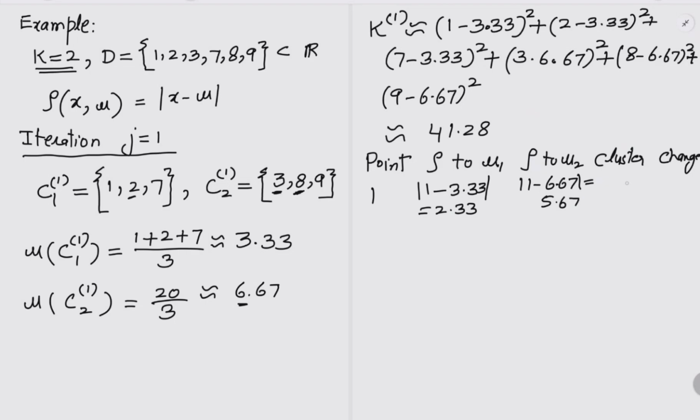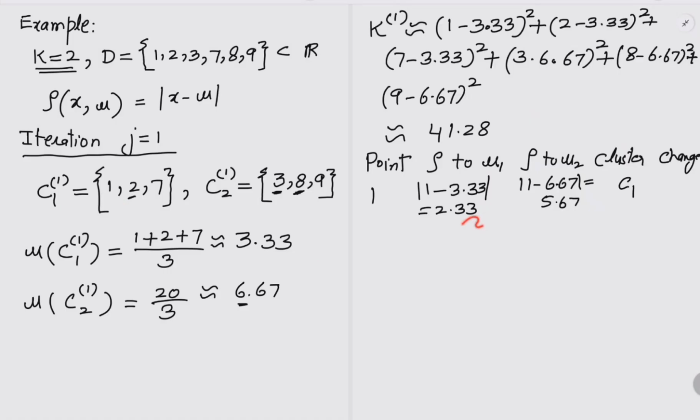And this cluster we are talking about is C1. So it means that the distance of 1 from this centroid is less than the distance from the other. So it means that this 1 belongs to the same cluster C1.